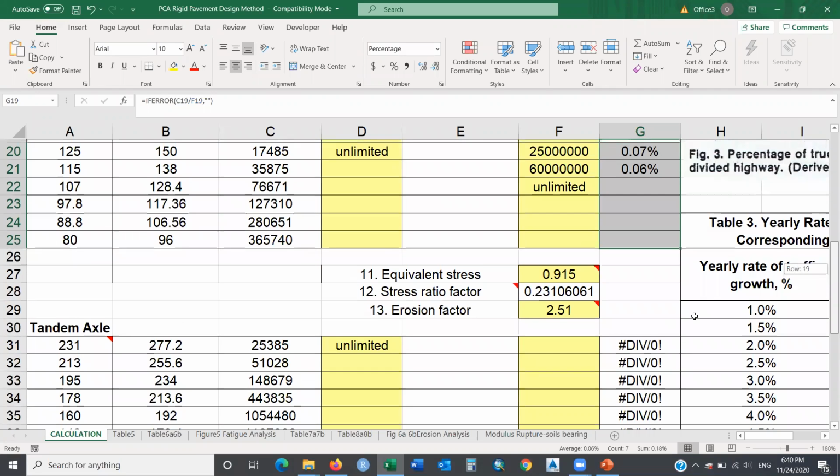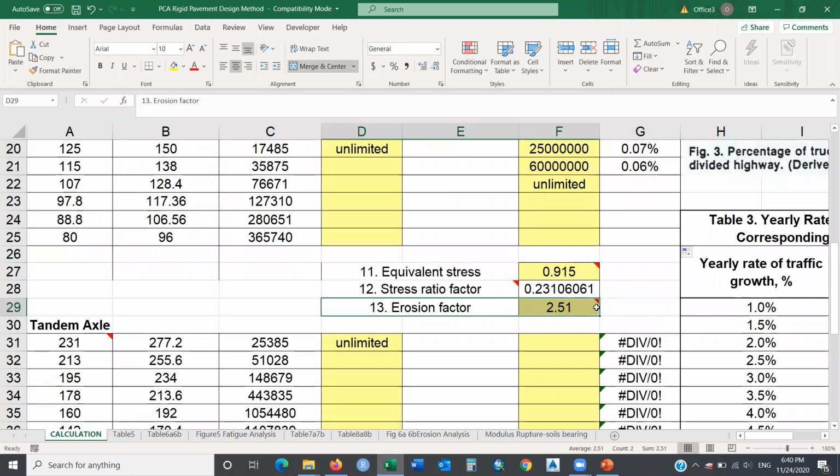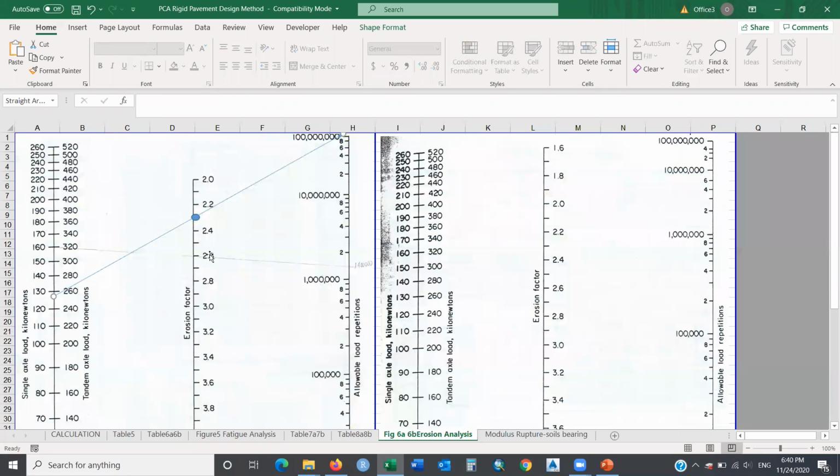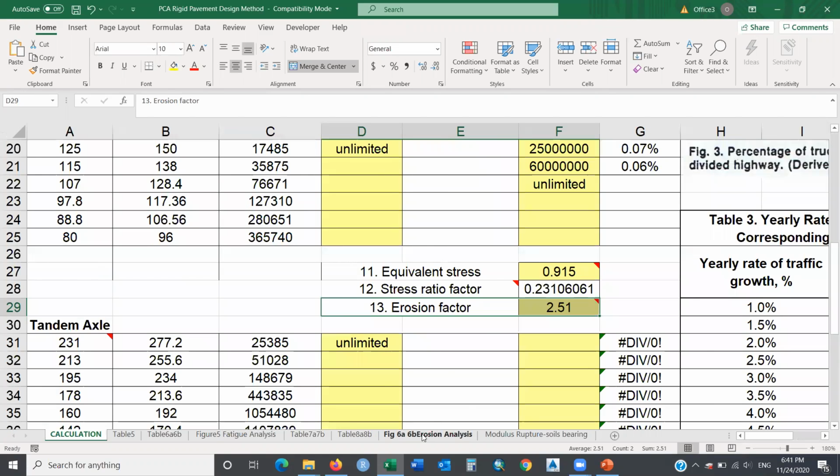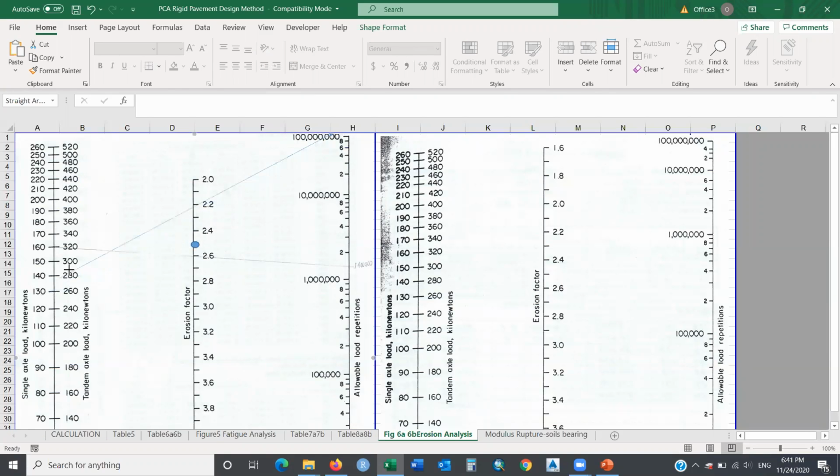I go to my tandem, and my erosion for tandem is 251. This is 2.5, 251 will be roughly there. I go for my first value tandem, 277. This is 280. So 277 will be slightly below.